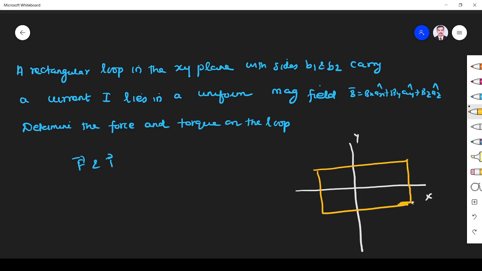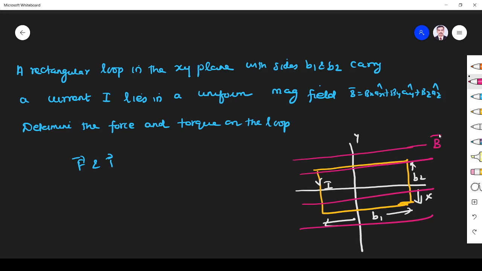Let us assume this side is B1 and this side is B2. The current flowing through the loop is I, and it is kept in a uniform magnetic field. Let us assume this is a uniform magnetic field B.